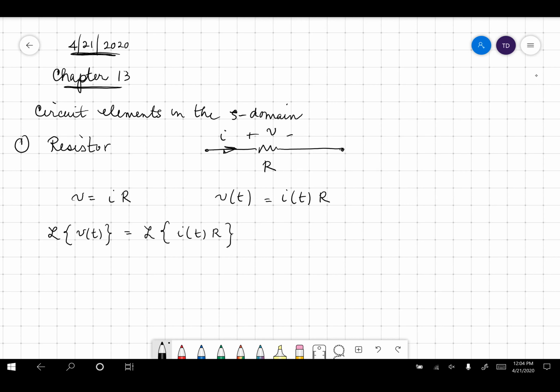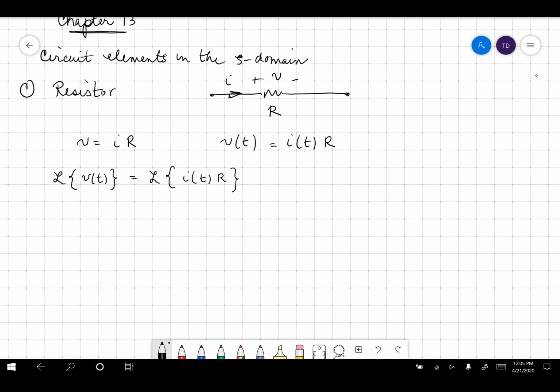So the Laplace transform of V of T, that's pretty simple. That's V of S. And it's equal to the Laplace transform of I of T times R. R is a constant, so we can always pull the constant out in front of the Laplace transform.